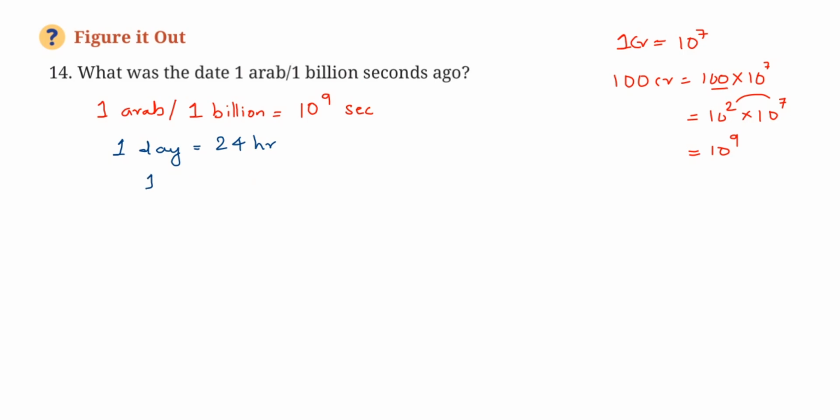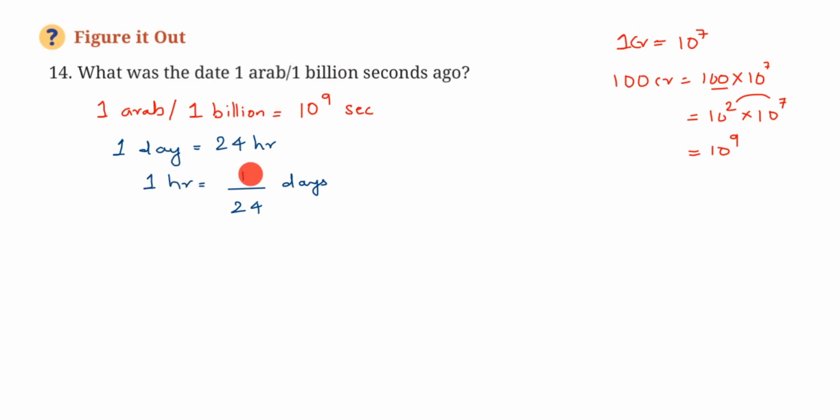Then 1 hour is equal to 1 over 24 days. Here I am converting a smaller unit to a higher unit. When I want to express this in days, 1 hour is equal to 1 divided by 24 days.